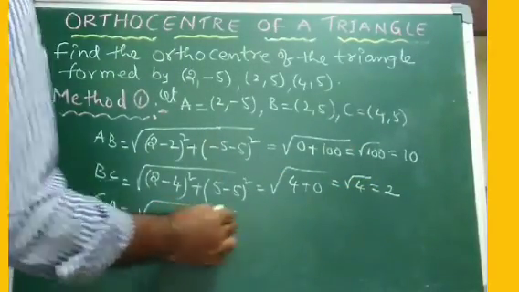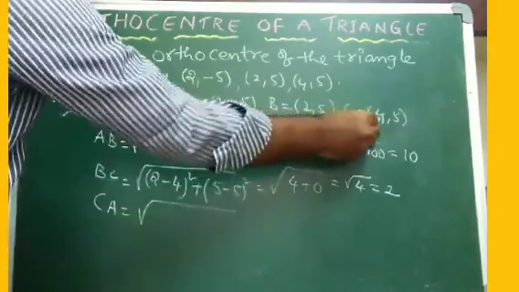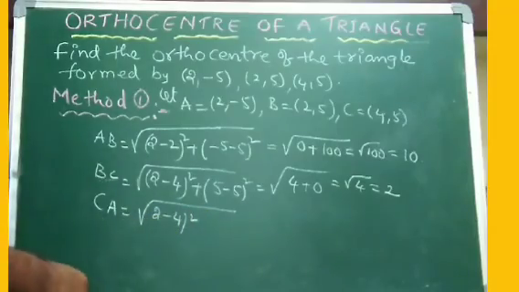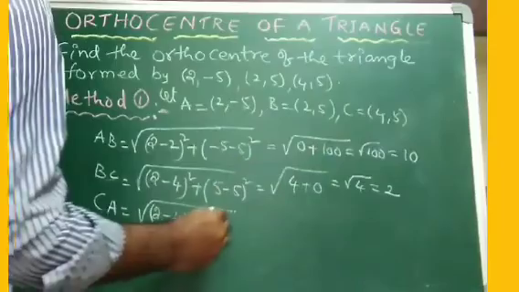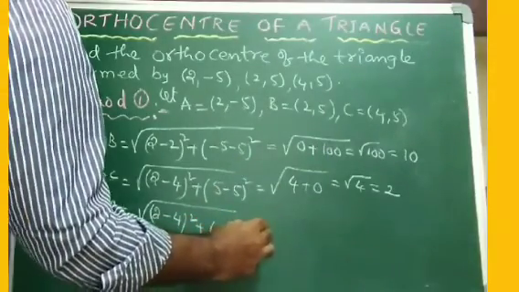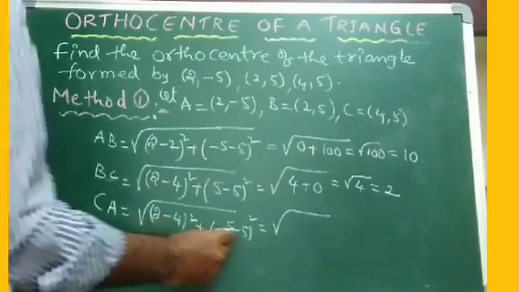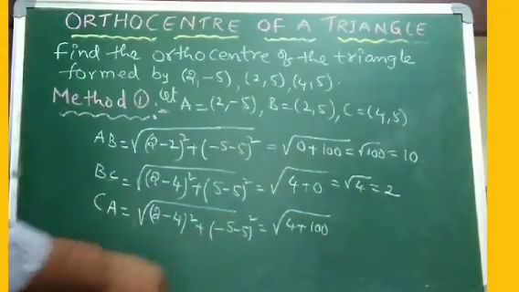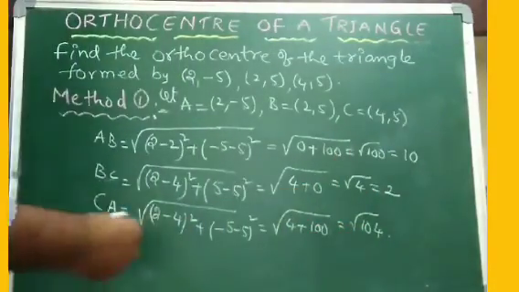Now also find the distance AC or CA. (2 minus 4) whole square plus (-5 minus 5) whole square. This is 4 plus 100, which equals the square root of 104.